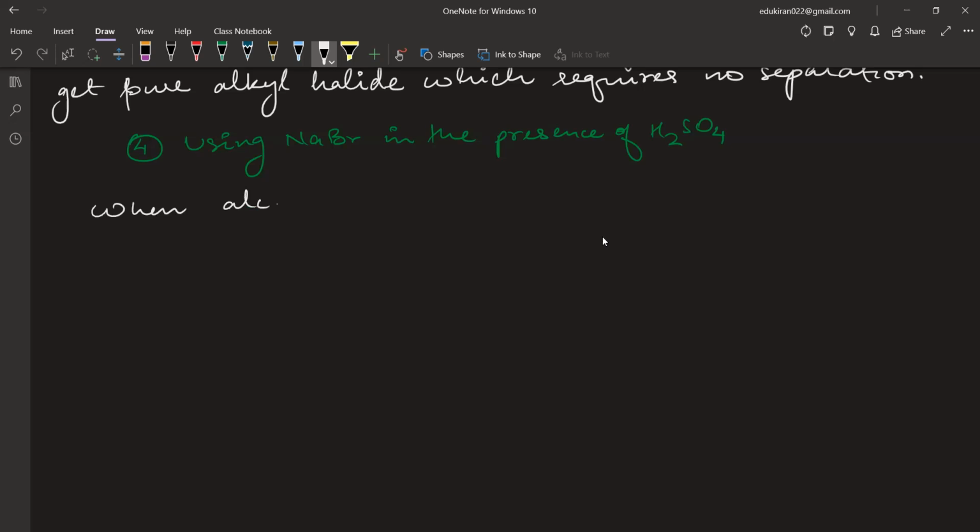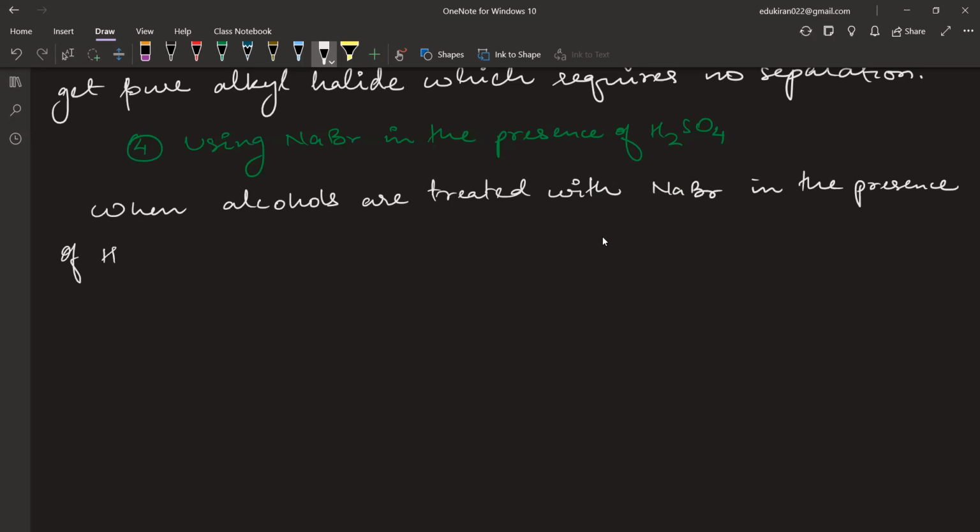When alcohols are treated with NaBr in the presence of H2SO4, what happens? NaBr and H2SO4 form HBr in situ.